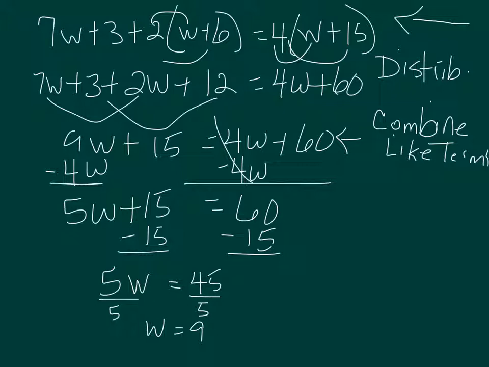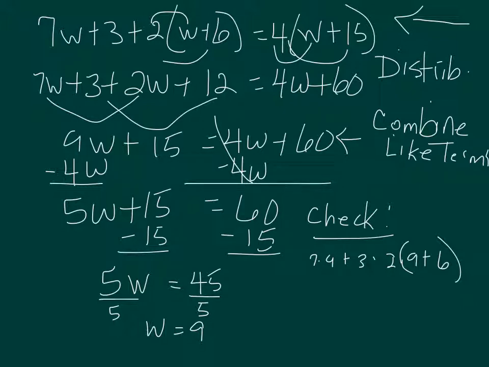So let's check. We're going to do 7 times 9 plus 3 times the quantity 2 times 9 plus 6. That's my left-hand side.